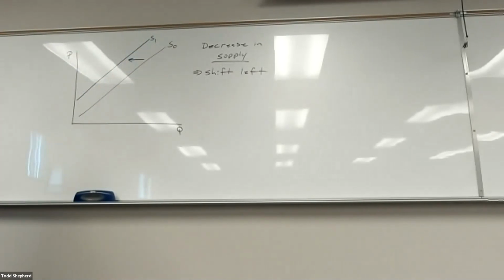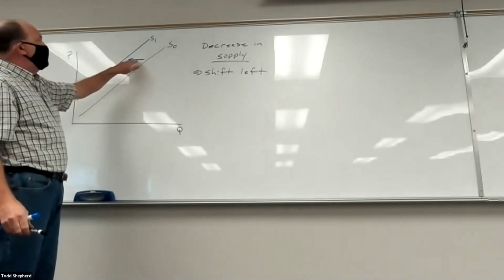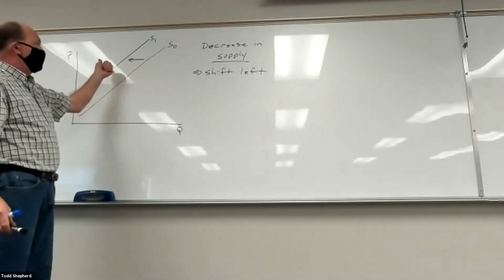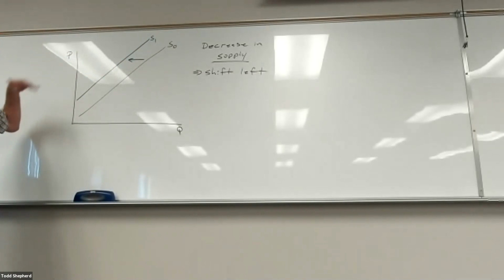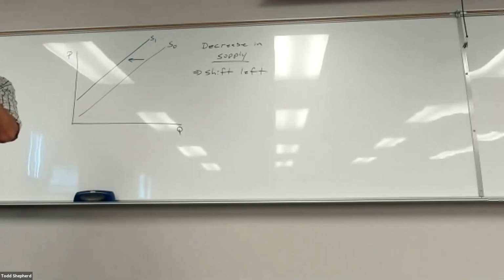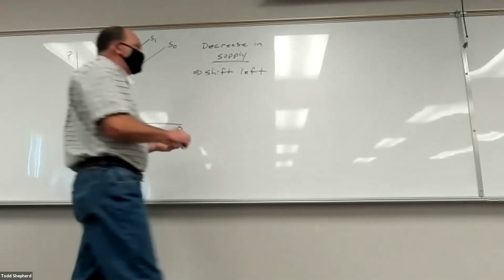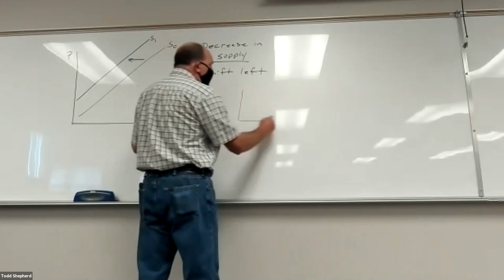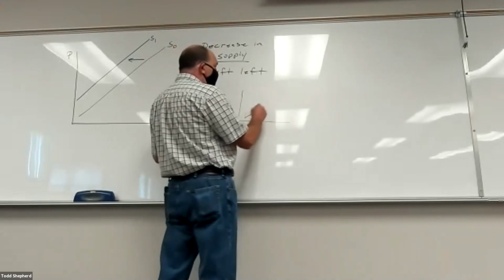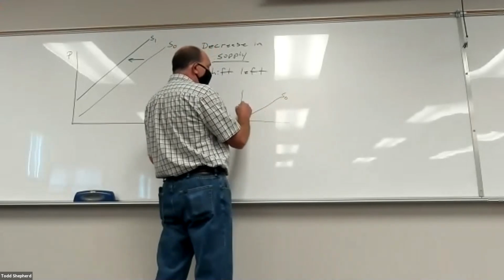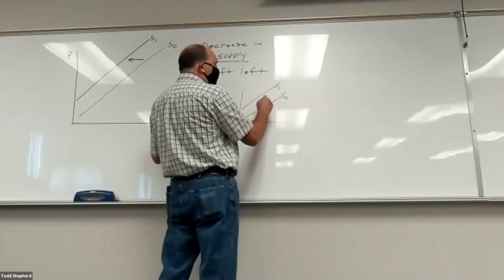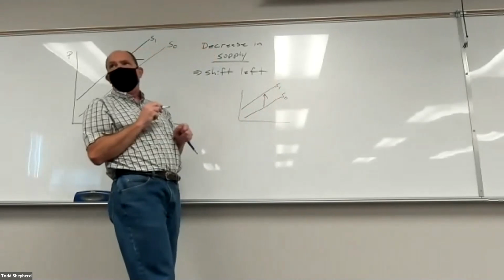Now, I do want to make it clear here because some people get confused when it's talking about the supply curve. When I draw this arrow back into the left, that means that regardless of what the price is, sellers are going to be willing and able to sell fewer of the goods than they did before. But some people, don't put this in your notes, will interpret this as, hey, we started here and then we went to here, and they draw the line that way.